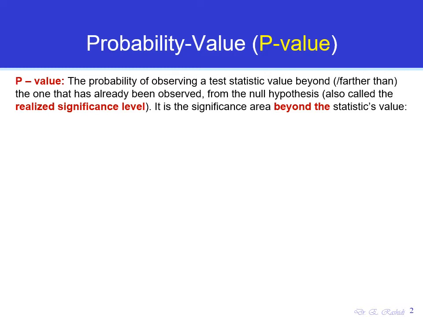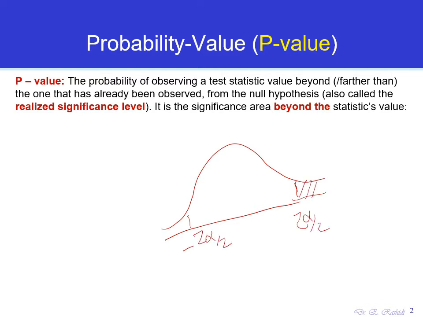So let's go back to the two-tailed hypothesis testing that we have had. In a two-tailed hypothesis testing, we have two tails and two critical values here, two rejection regions, z of alpha over 2 here, negative z of alpha over 2 here. So one rejection region is on the upper tail and the other is on the lower tail.